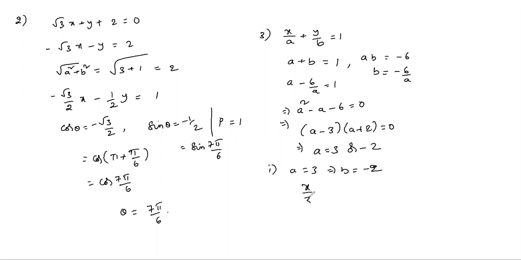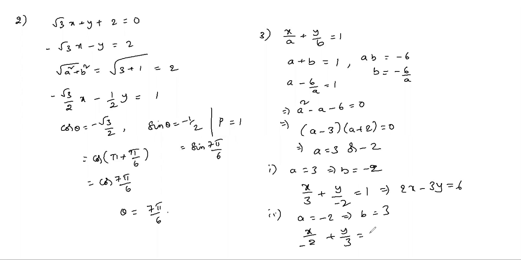So the equation is x by 3 plus y by minus 2 equals 1, that is 2x minus 3y equals 6. Second case, a equals minus 2 implies b equals 3. So x by minus 2 plus y by 3 equals 1, that is 3x minus 2y plus 6 equals 0.